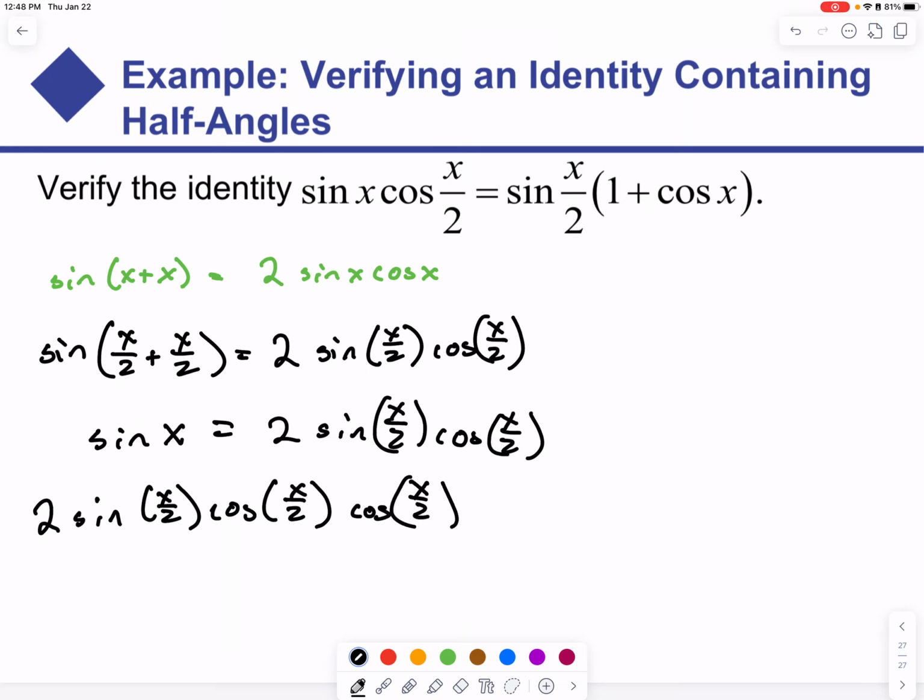I just took the above line and plugged it into the left-hand side, okay? So we're almost there. Okay, sine of x equals all of that.